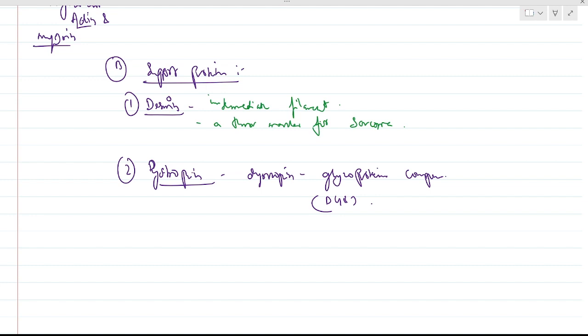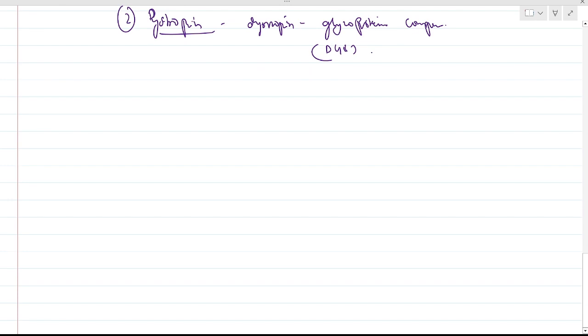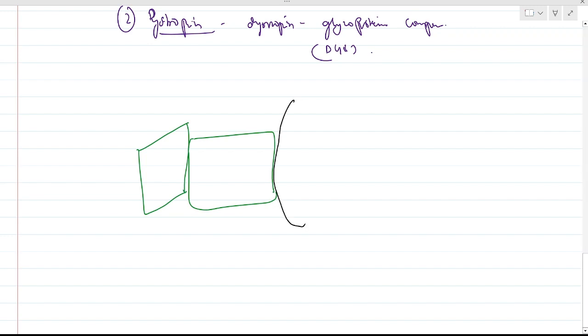How this works we're going to see here. We're going to draw some structures first, then we'll understand what those are for.